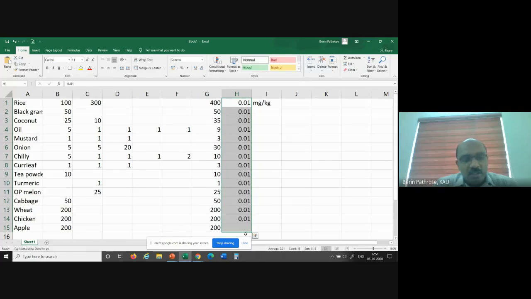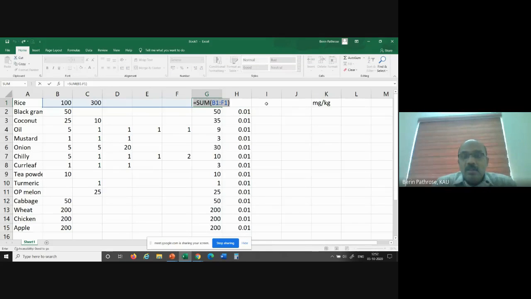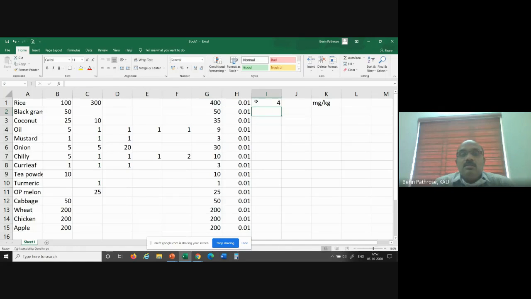The MRL is not really the same for all the commodities, it will be different, but take it as the same, milligram per kg, and we will multiply this into this MRL. We usually consider the food factor.